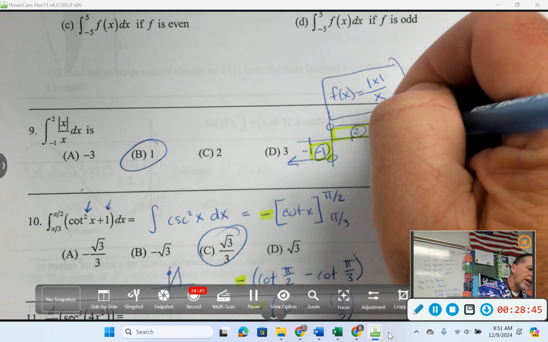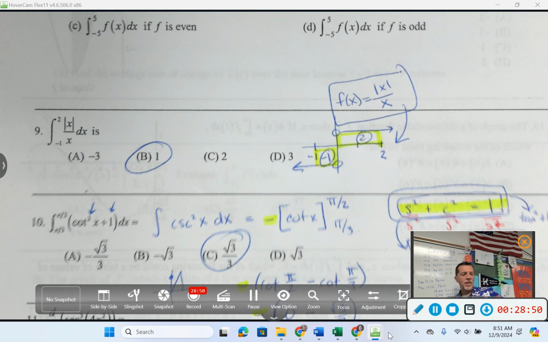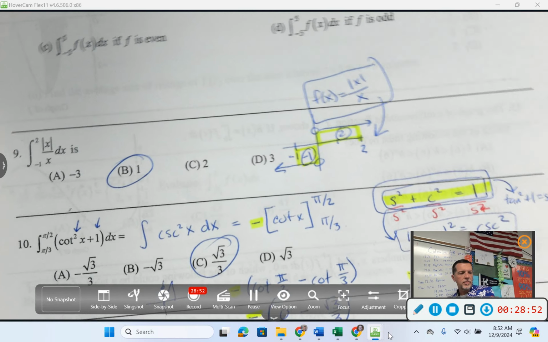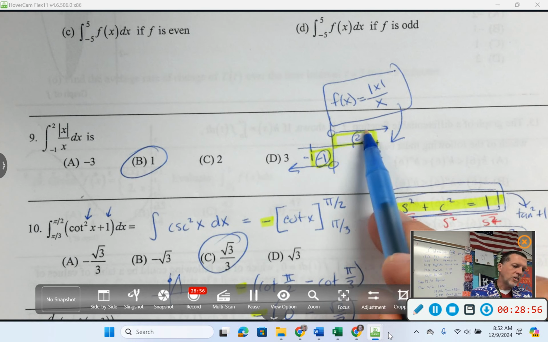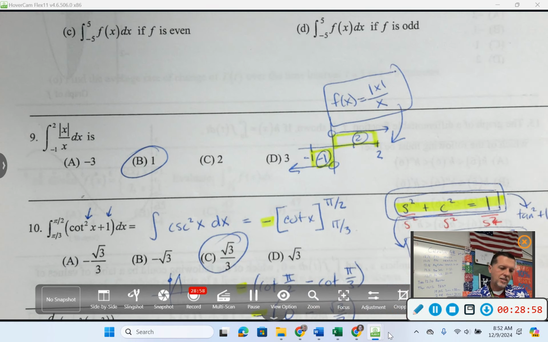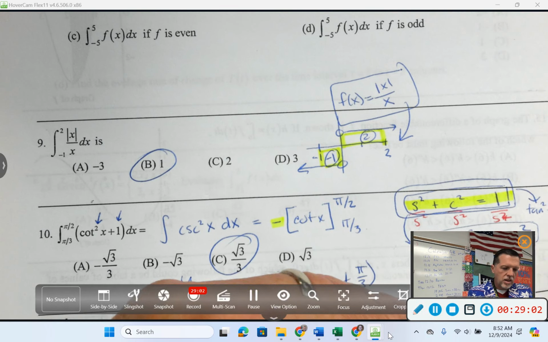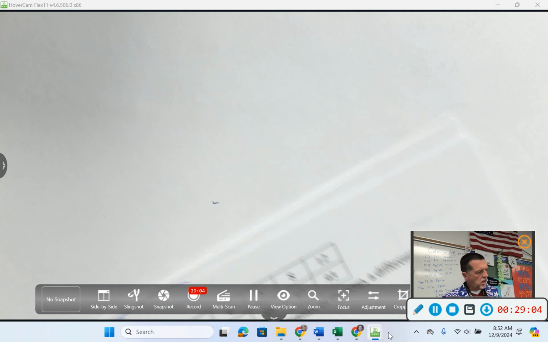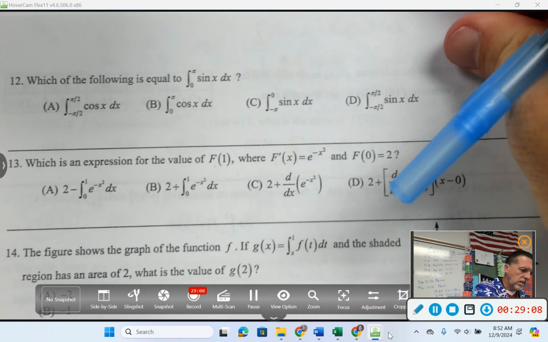Got to know what that graph looks like. Guaranteed they'll ask something about that graph. It's good for limit questions because you can do limit from the left or the right, things like that.